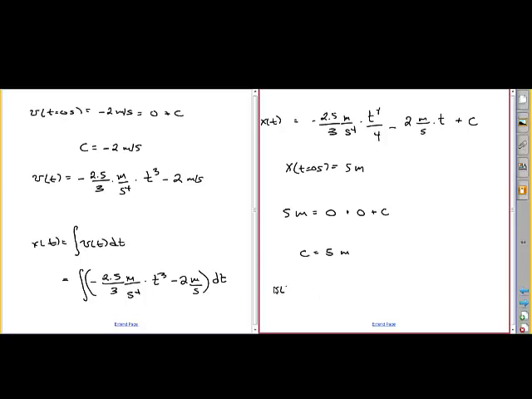So our final expression for the displacement as a function of time is going to be negative 2.5 divided by 12. That's 3 times 4. The units are meters per second to the 4th times t to the 4th, minus 2 meters per second times t, plus 5 meters.